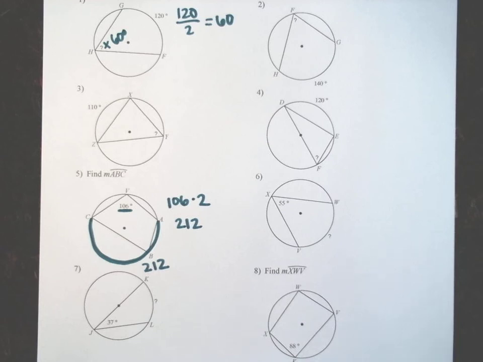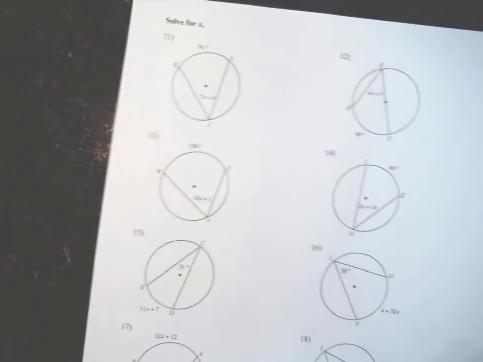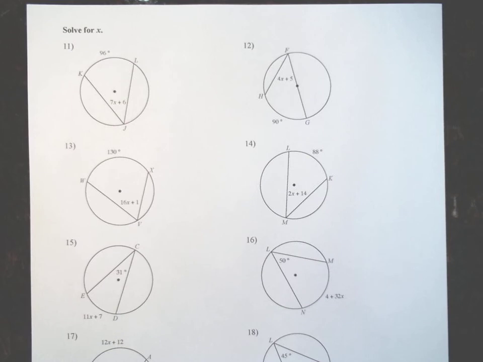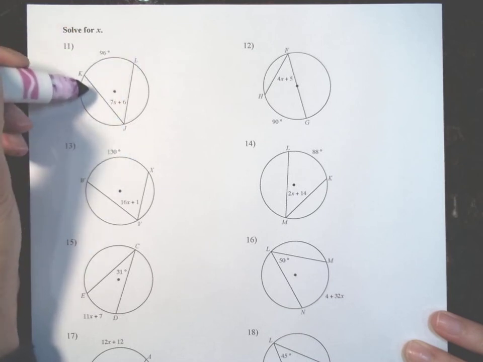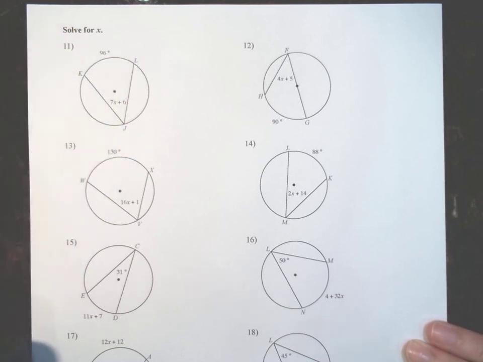Okay, let's do an example of the solving ones starting with number 11. You have to solve. So our arc is 96, which means our angle is half of that.